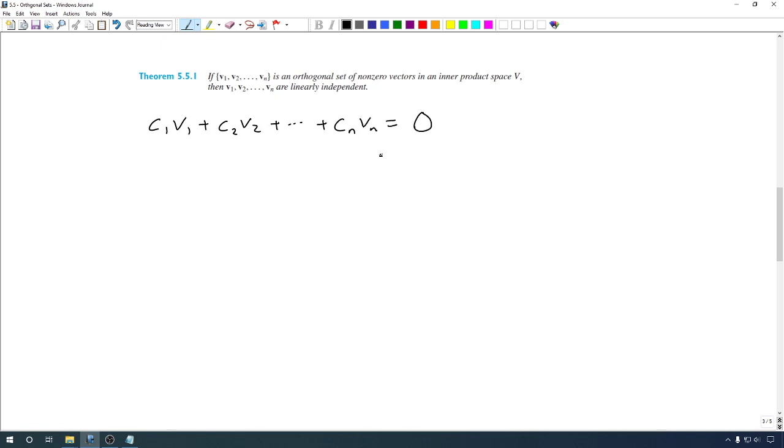So we set that linear combination up to equal 0. We're trying to show that means all the coefficients have to be 0 because of linear independence. We're going to take the inner product of both sides with the vector v1.